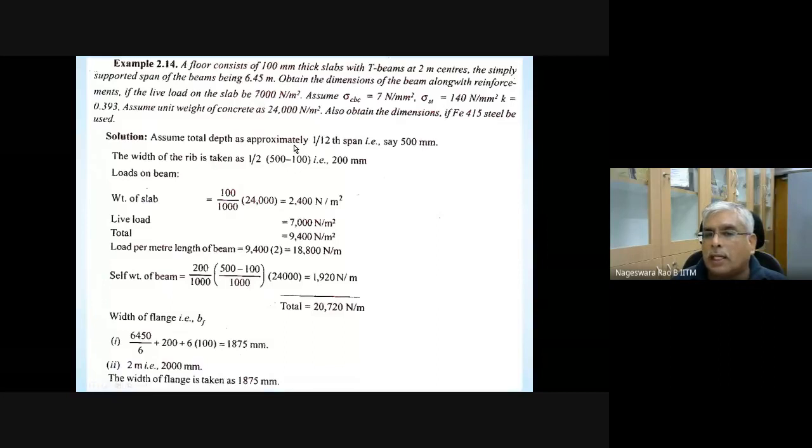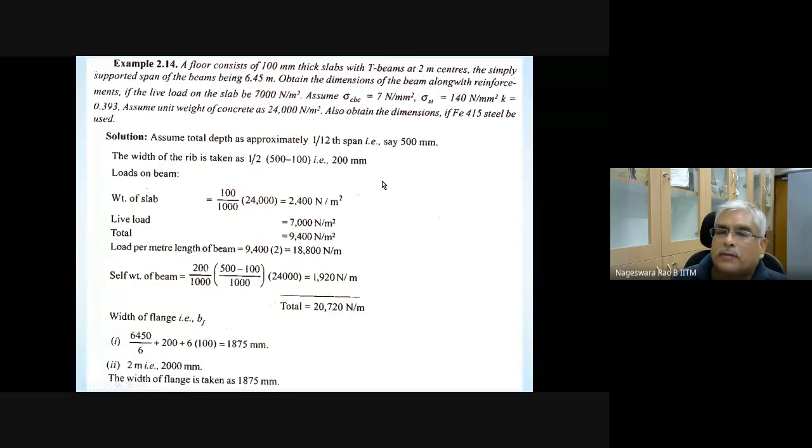That is what is given here. Assume the depth as approximately 1/12 of the span, and you can check it's roughly going to be 500 mm. Now that we have the depth, the width of the rib can be taken as half of the depth of the rib.